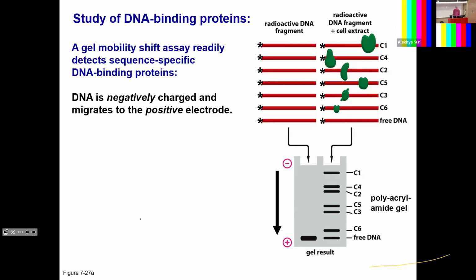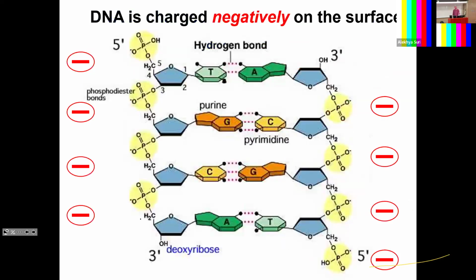Very good. DNA is negatively charged and migrates to the positive electrode. On the next slide, you can see why. DNA consists of the bases in the center: guanine, cytosine, and adenine, thymine.